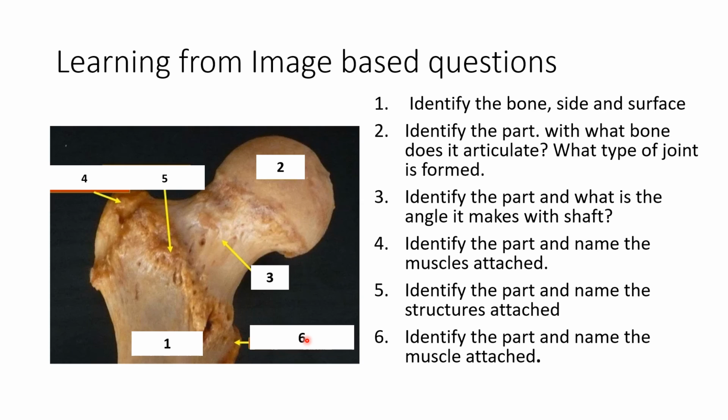And on its posterior aspect, there is a line along the lesser trochanter to the upper end of the linea aspera, which gives insertion to the pectineus muscle. So that is about the lesser trochanter. Hope you are able to recollect the projections or the important points on the anterior surface of the femur.